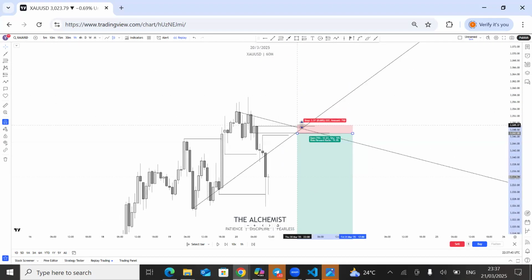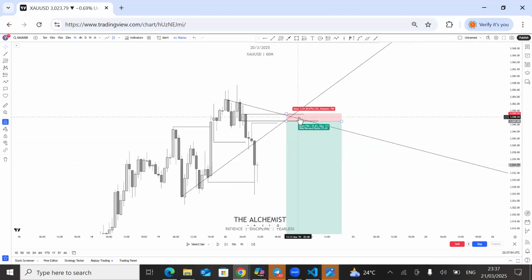So stop loss just above here. Yeah, this is a nice stop loss. I always use this as my stop loss. So you have one is to 21 risk to reward. 1:21 risk to reward.